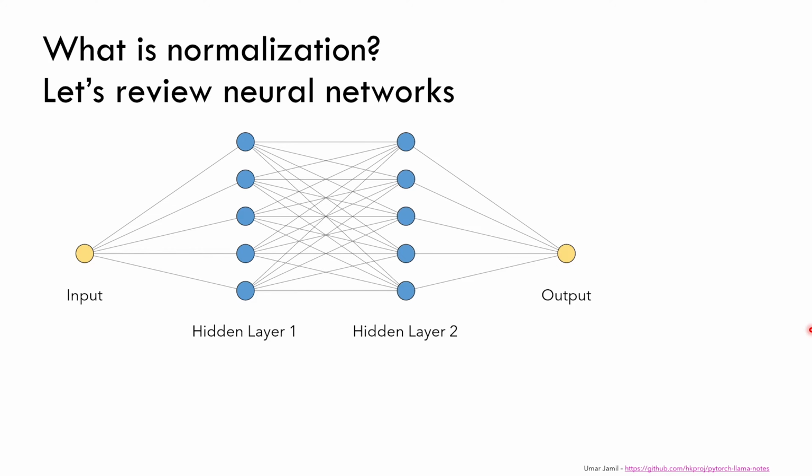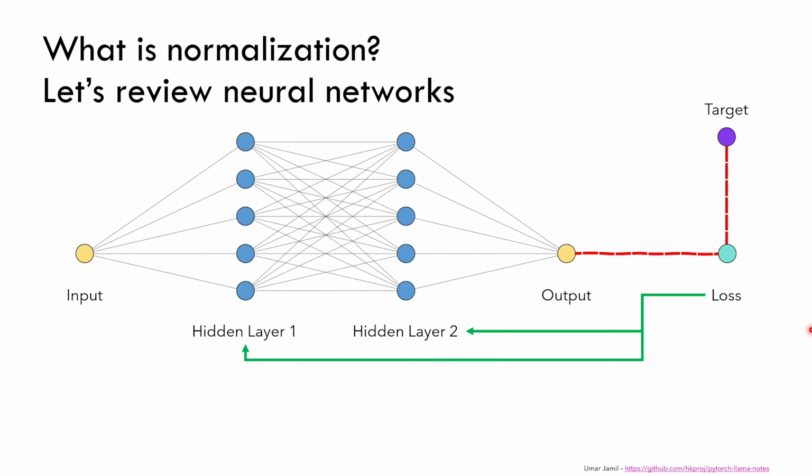We usually have a target, and comparing the output with the target, we produce a loss. The loss is then propagated back to the 2 hidden layers by means of backpropagation. So what we do is we calculate the gradient of the loss with respect to each weight of these 2 hidden layers, and we modify these weights of the hidden layer accordingly, also according to the learning rate that we have set.